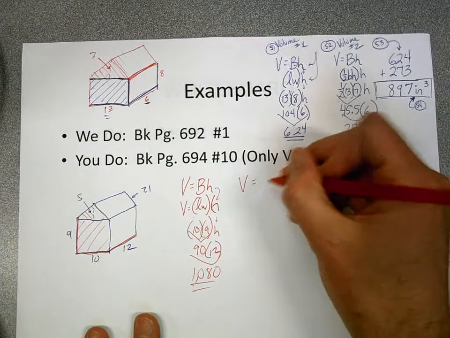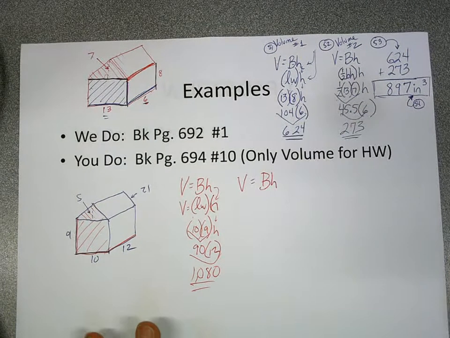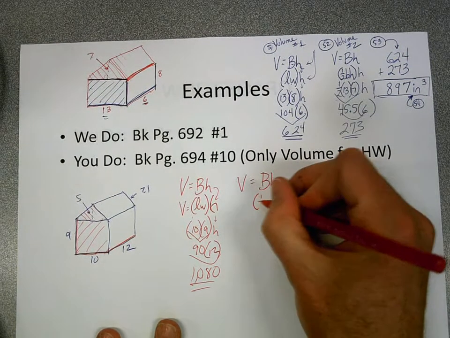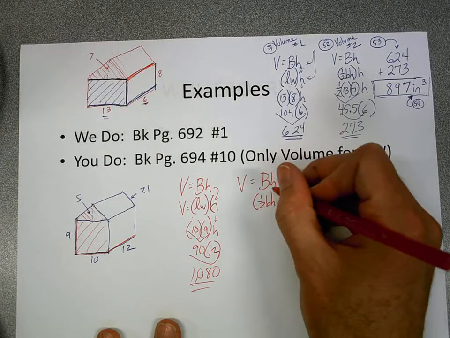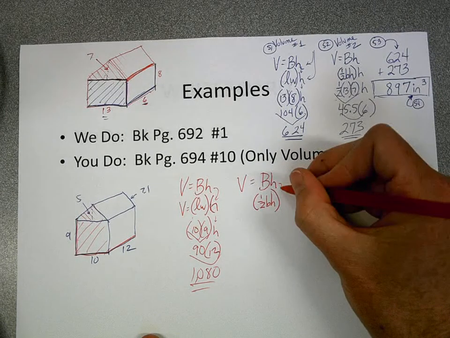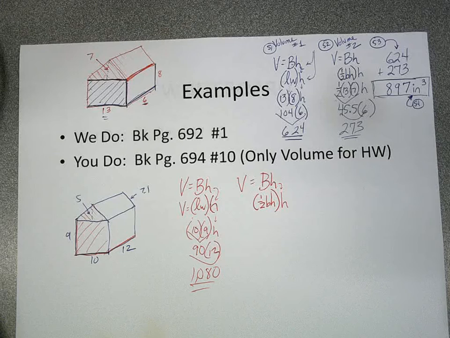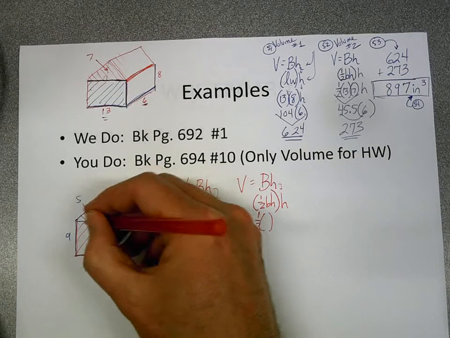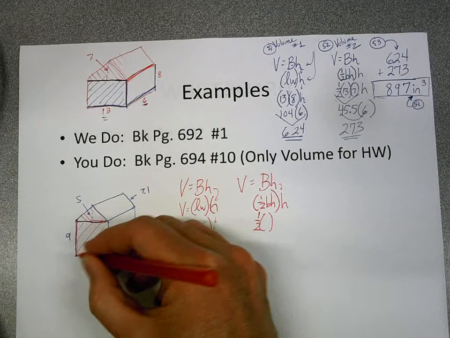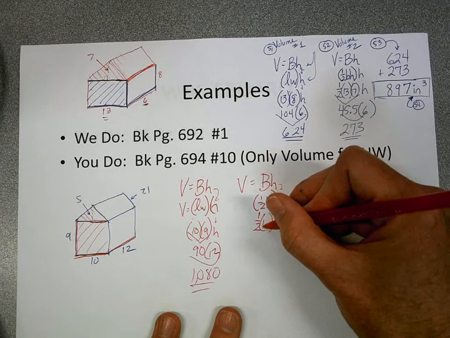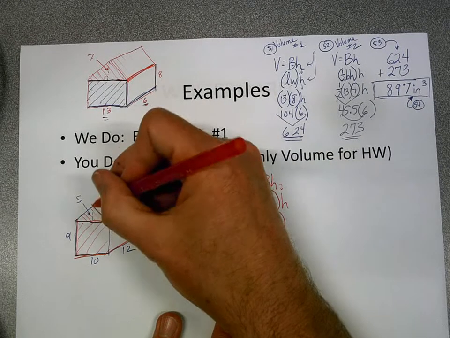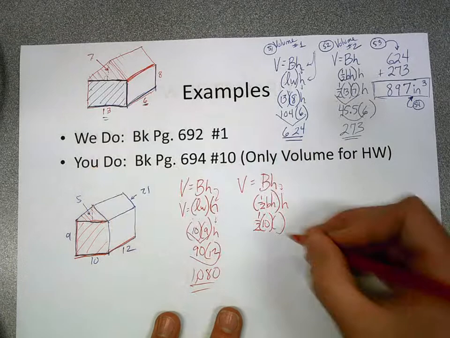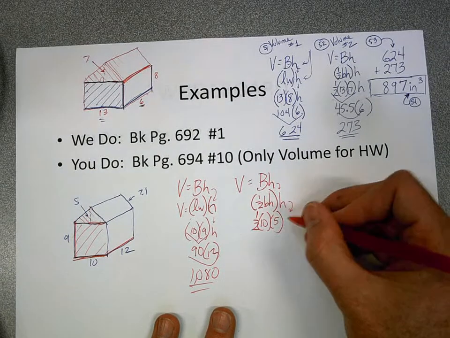So the area of a triangle, we've talked about, is 1/2 base times height, times our third dimension. So let's plug in here. The base of the triangle is this one right here, which is the same as that. It's 10. The height of our triangle is right here. It's 5.